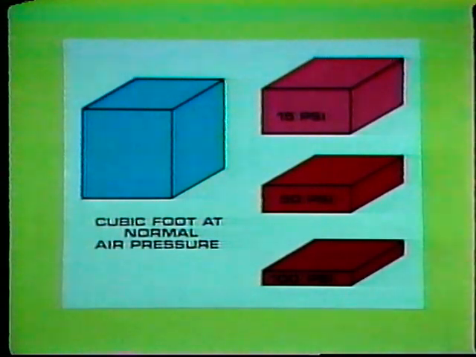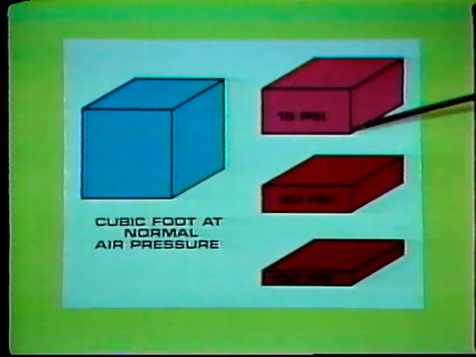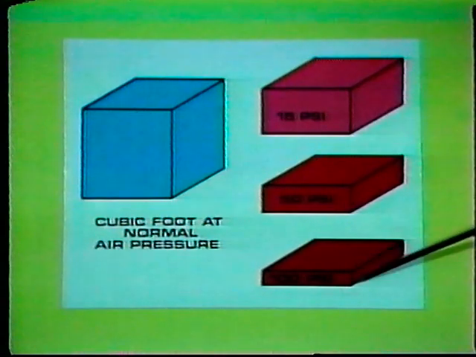But as we compress our standard cubic foot, it takes up less and less space. Now, since the air flowing into a cylinder will be compressed, it will take up less volume than air at standard conditions. The higher the pressure of the air in our system, the smaller its volume will be, and the more SCFM it will take to fill the space inside the cylinder.